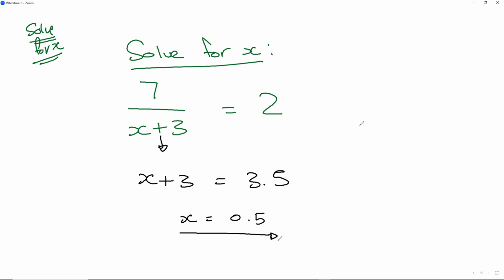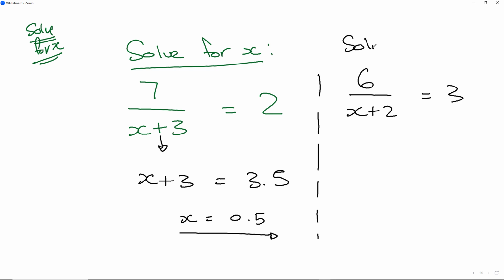This is a pretty simple method of solving. So if I give you another one, 6 over x plus 2 equals 3. Solve for x. Try the blockout method, see if it helps. You can use this for any equation as well.